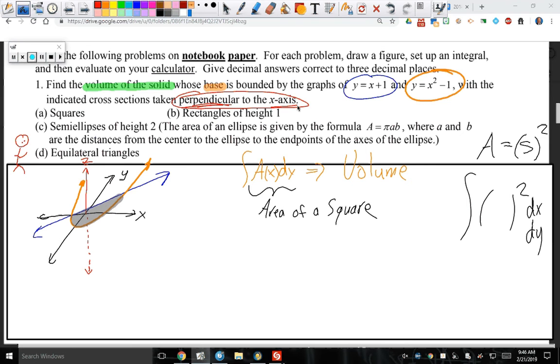Is that dx slices or dy slices? These are dx slices. Because if here's my x-axis and here's my y, and I have things that are perpendicular to the x-axis, look at that. Those are vertical slices, which are dx. You with me? Alright, so we're going for something that looks like that.